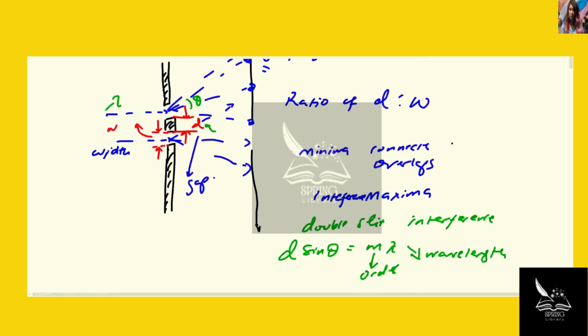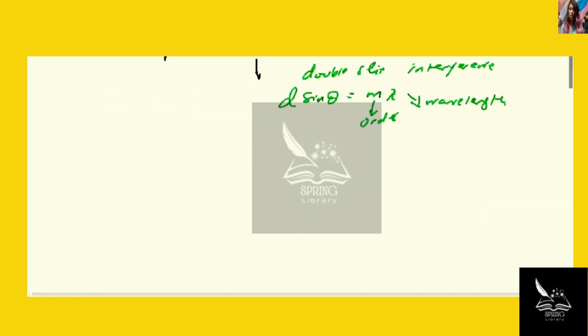And so if we look at this problem, if this is our central max, the distance of the central max is y. So y is the distance of the central max that we're dealing with. And then also, we do have another relationship.